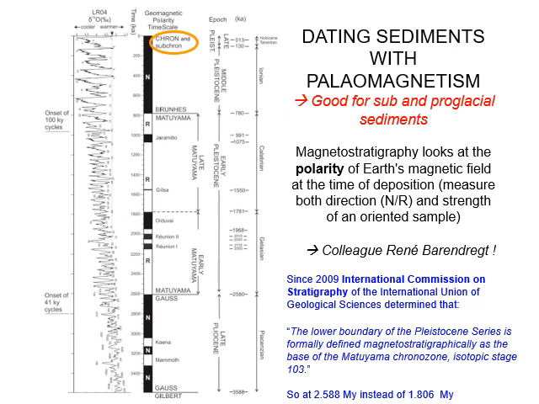My colleague René Barendrecht at the University of Lethbridge is a specialist in this, and what you see here is a time scale of most of the Pleistocene period, where we have colder and warmer periods, and we sometimes have a magnetic field that is normal, as we have right now.